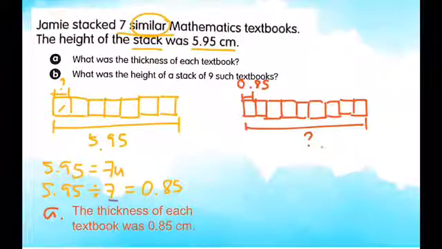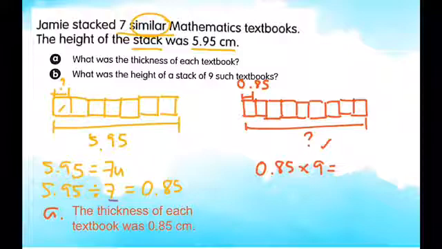So what are we looking for? We're looking for 9 units. You just simply multiply 0.85 by 9. Now I want you to do your working on your journal. I hope you're getting it right.